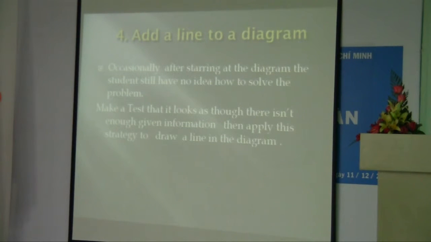There are some problems in our test that, when you look at it, the diagram is not to scale, or there is incomplete given information. So this tactic is just to add a line later. You're going to add a line to a diagram so that it will be easier for them to solve it.